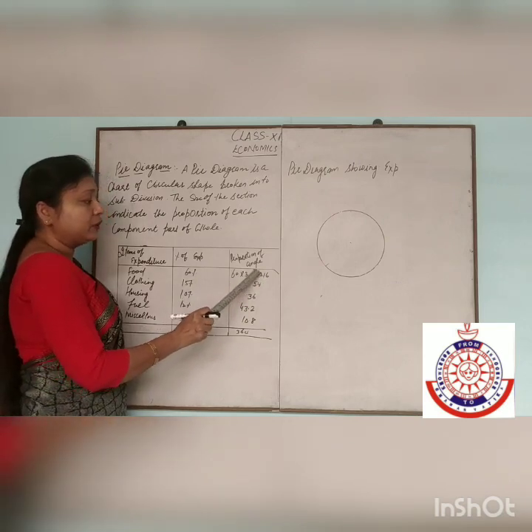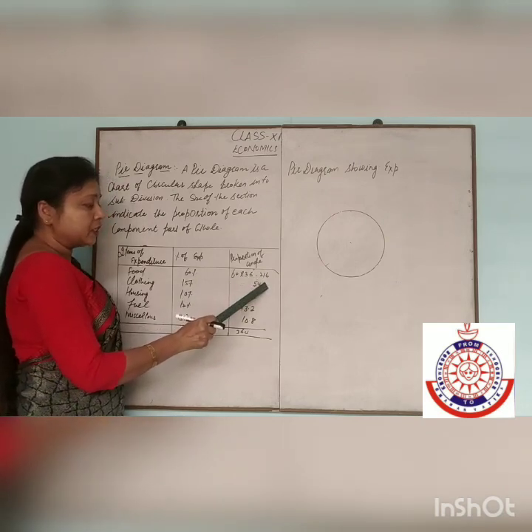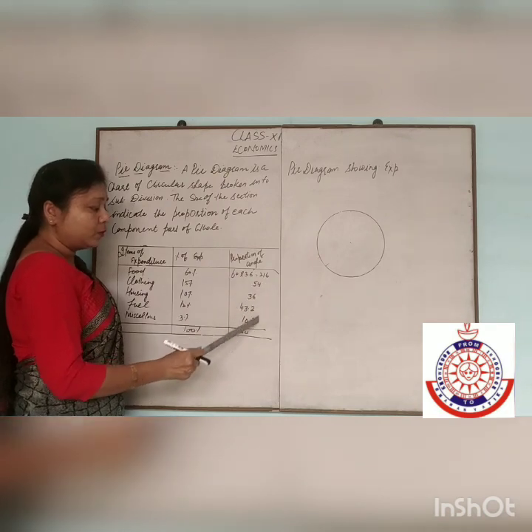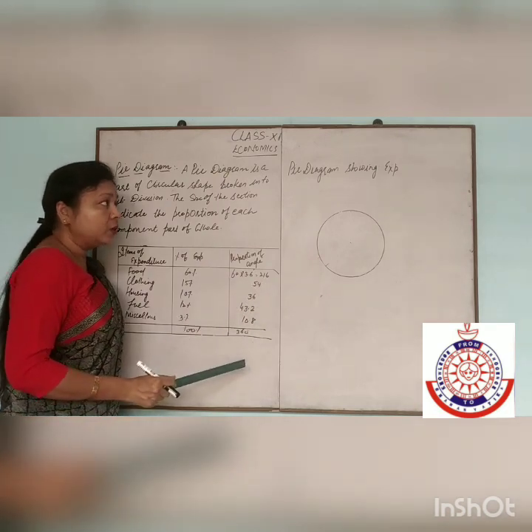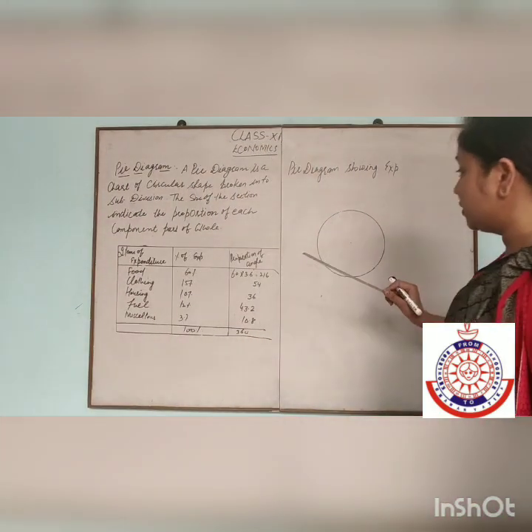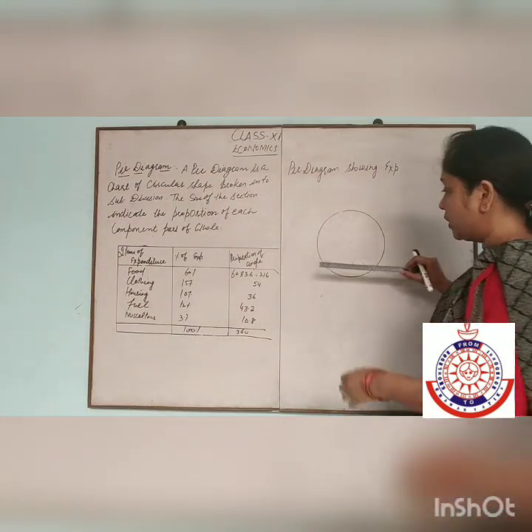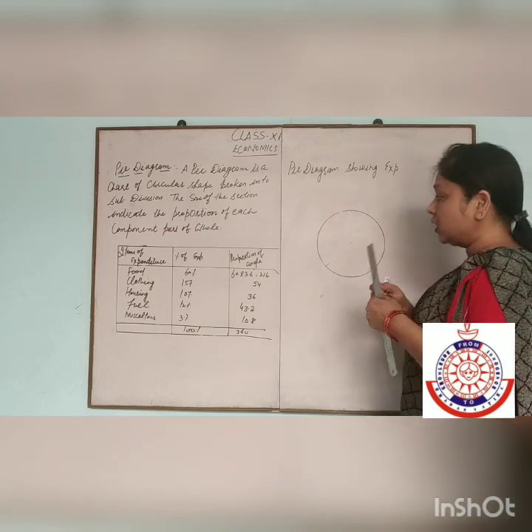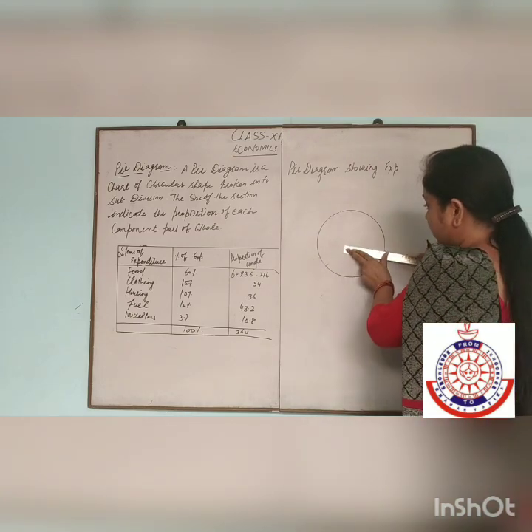60 multiplied by 3.6 is equal to 216. In the same way we have to convert all the angles. Now, how can we draw the diagram? Pie diagram showing the expenditure. This is a circular shape. We will make a circle and one radius is here.